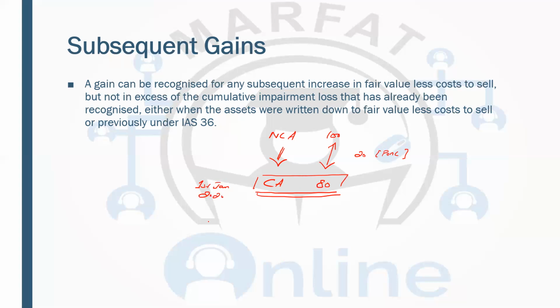And now we are preparing the interim financial records. Let's assume that we are preparing interim financial statements during the year, like quarterly, semi-annually. And on 1st June or 1st July, this current asset, which we classified as held for sale, now the fair value of this current asset is, let's assume, 120.